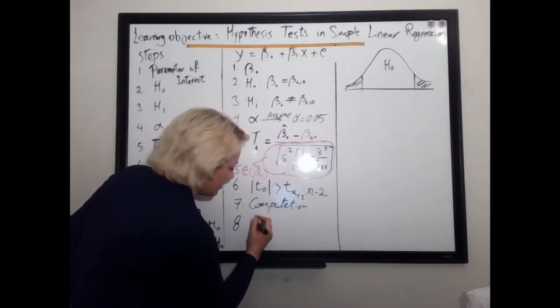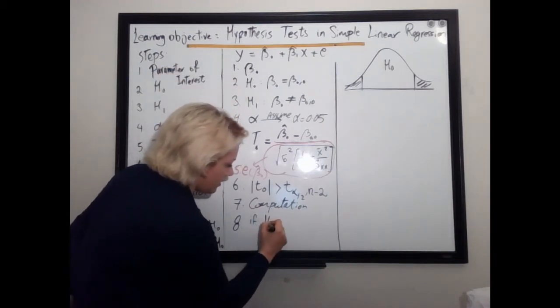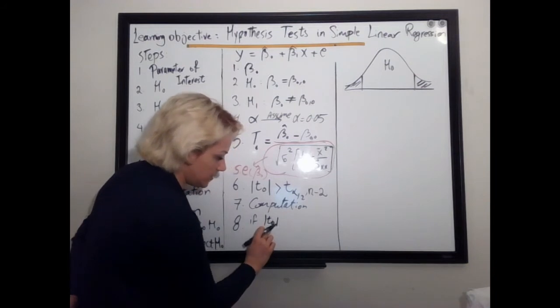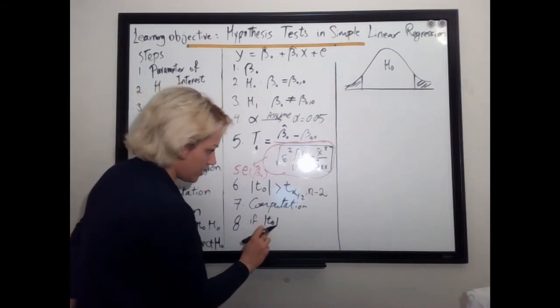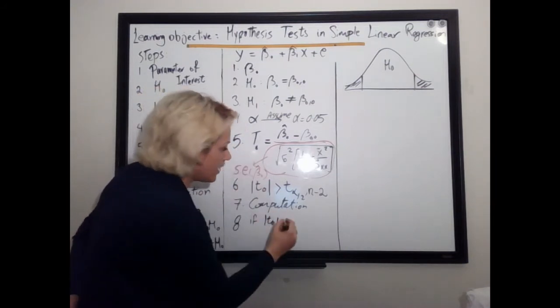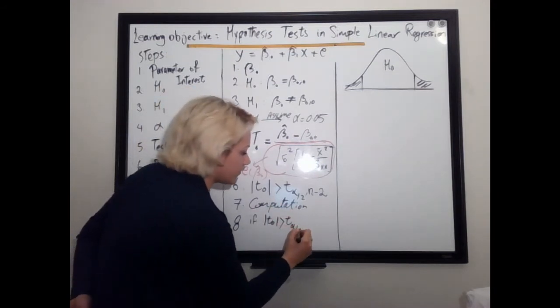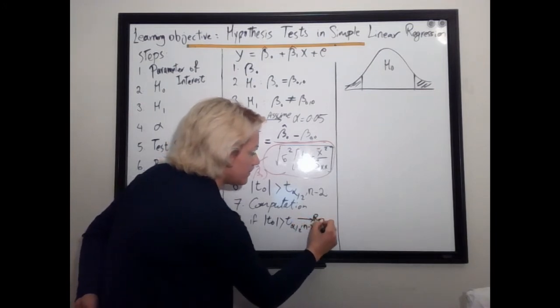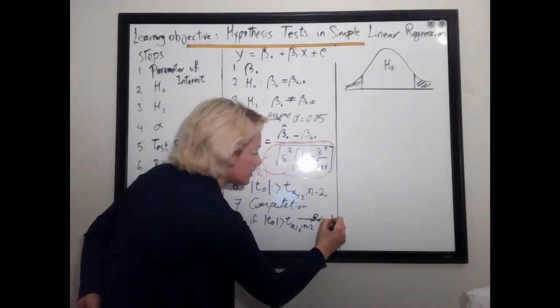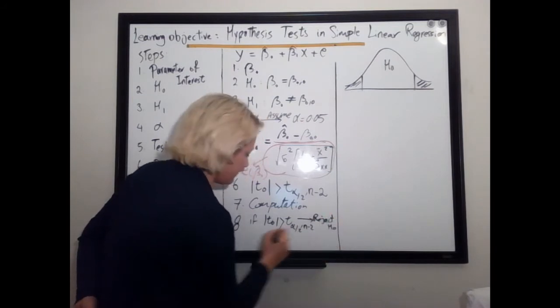If the absolute value of the T null, which comes from the test statistic, is greater than T from the table, which is T half of the alpha and n minus 2, then I would reject the null hypothesis. Okay?